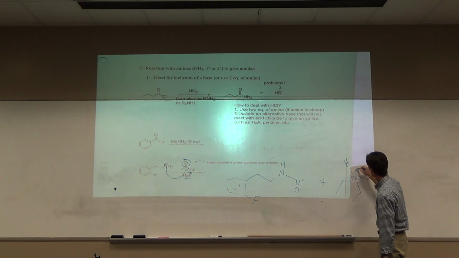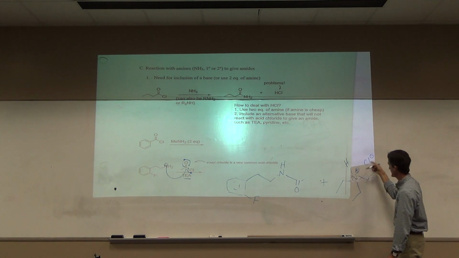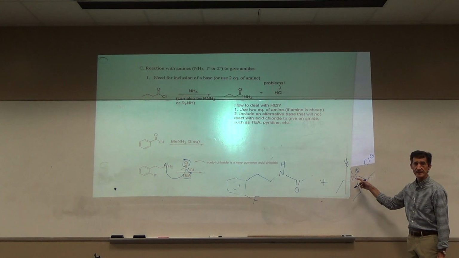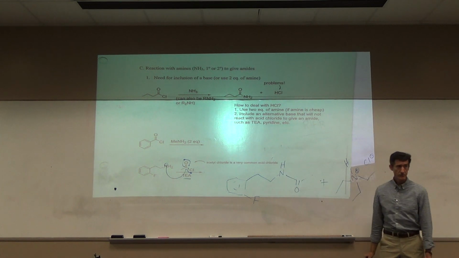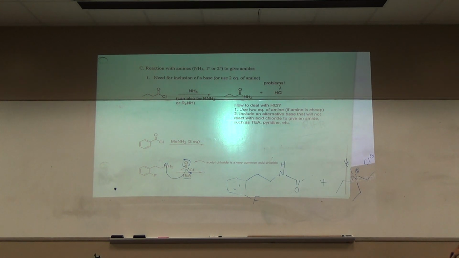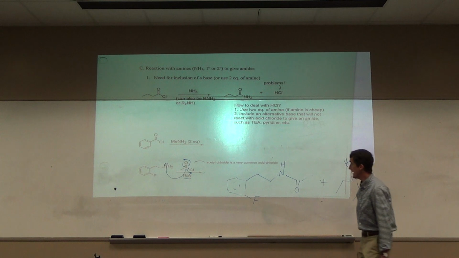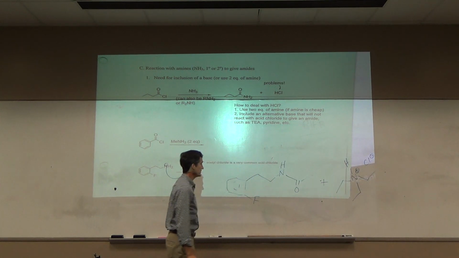Well, triethylamine is going to have it. You'll have Cl minus. You'll make this ammonium chloride. Something's going to take that H. You'd rather it be triethylamine take it than your starting amine, which may be expensive or otherwise very valuable. Use of triethylamine to act as an acid scavenger.